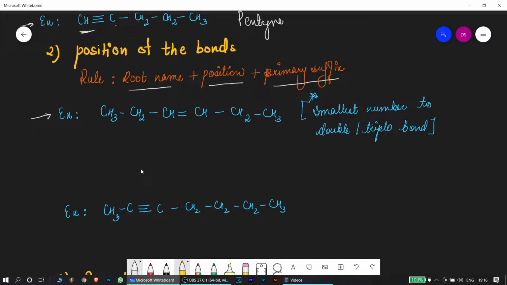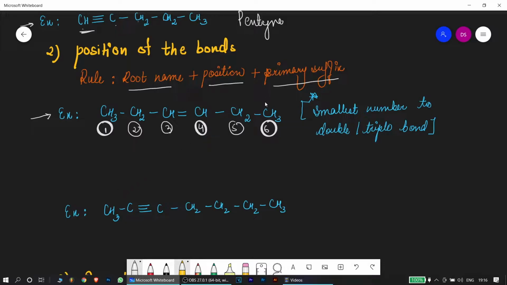Now for this we have to do the numbering of the carbons first. For the numbering, we always start with the terminal carbon. Here carbon number 1, carbon number 2, carbon number 3, carbon number 4, carbon number 5 and carbon number 6, right? So we have 6 carbons, hence it is hex, right?